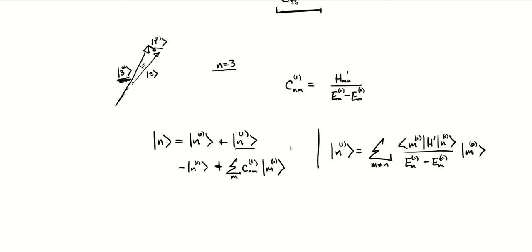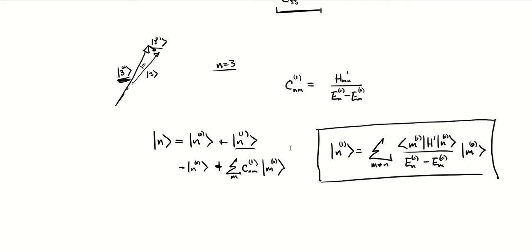So this is how we determine the first order correction to our energy eigenstates using perturbation theory.